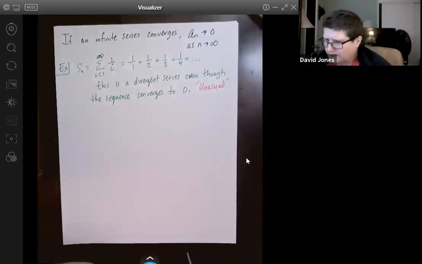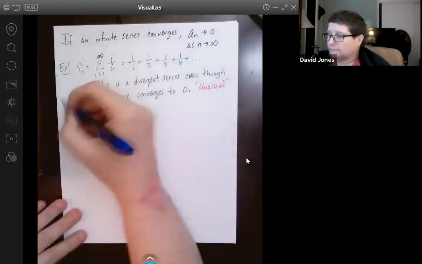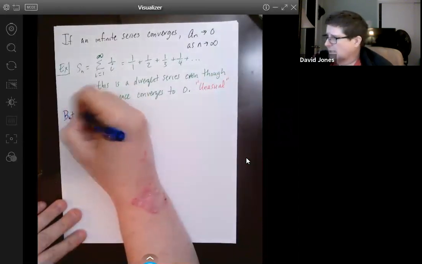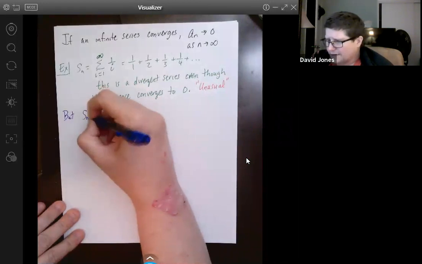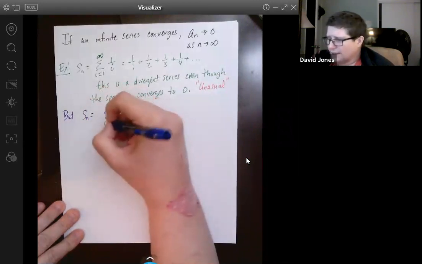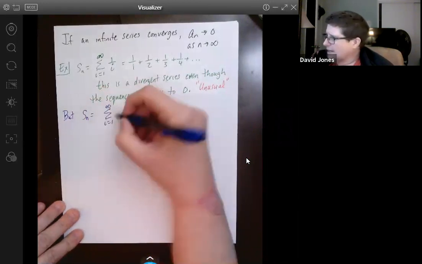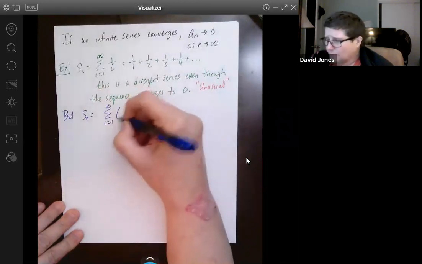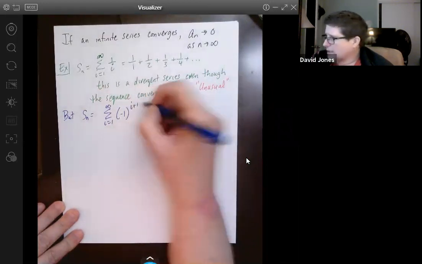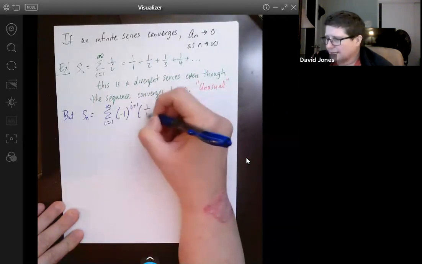But one that looks very, very similar, if we have S sub n equals the summation of i equals 1 to infinity of negative 1 to the i plus 1 times 1 over i.